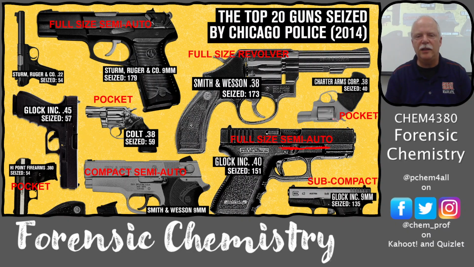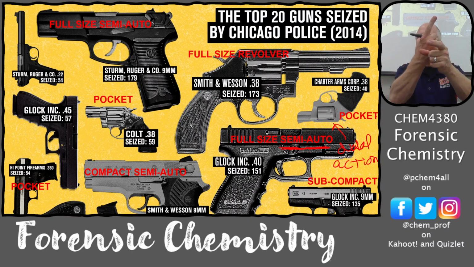Now, a lot of these revolvers, okay, are called dual action. And what that means is when you pull the trigger, the first action is to cock the hammer back, and then you go past a certain point and it's released. So that's double action. And you've got a really long trigger pull.